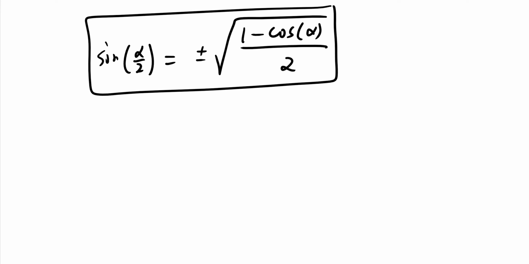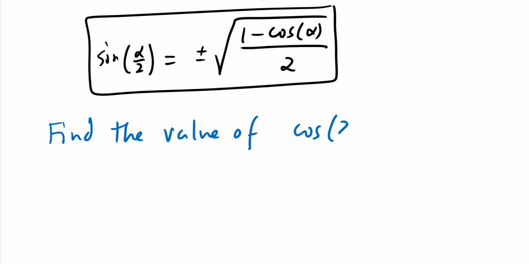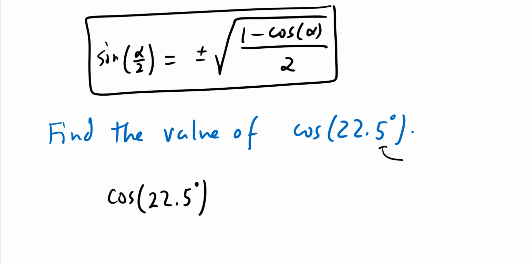So how do we apply them? Let's say we are asked to find the exact value of cosine 22.5 by hand, so you can't use calculators. How do you do that? If I think of 22.5 as alpha over 2 and multiply both sides by 2, that gives me 45.